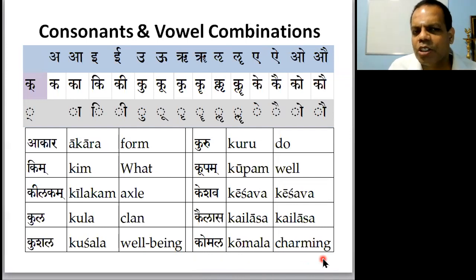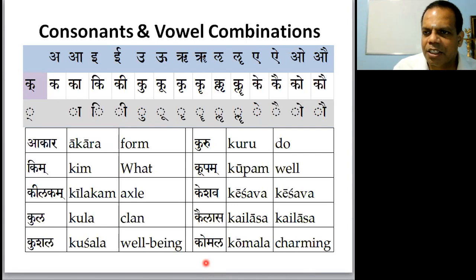It is also acceptable because in vernacular languages we use them, but in Sanskrit it is Komala. It may sound pretty funny for many people, but that's the way the Sanskrit word is pronounced. Komala means charming, pleasing, things like Shamala, Komala.